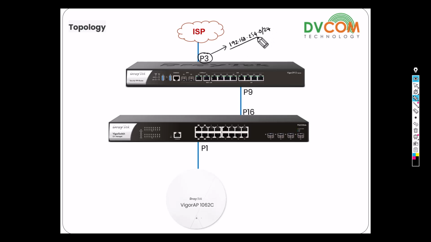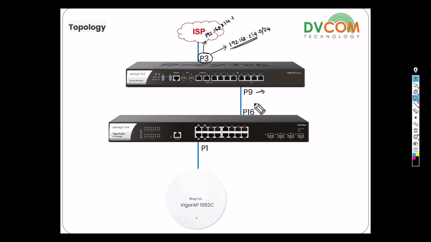So this is the subnet, and my local router from the service provider is configured with 192.168.254.1. Now port number 9, I want to configure as multiple VLANs, guys.